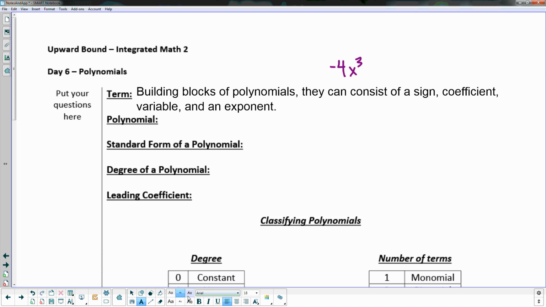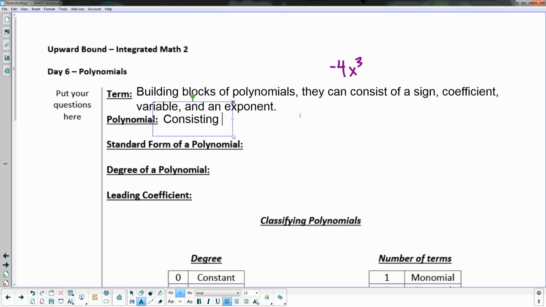Now, the problem with trying to define terms is it's kind of dependent on what a polynomial is. But a polynomial comes from the Greek language, poly meaning many, and nomial just standing for term.